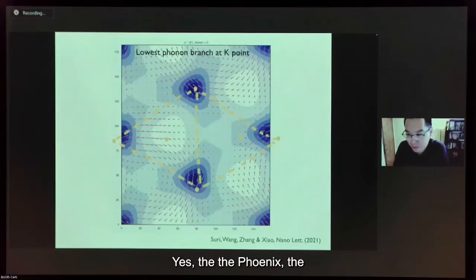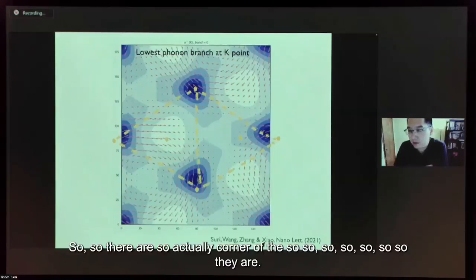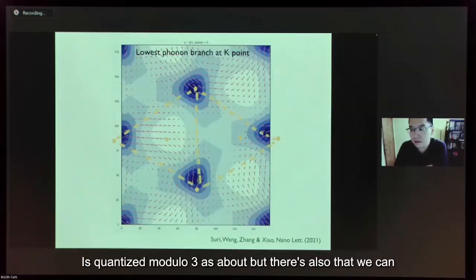One is the pseudo angular momentum. That one has to be quantized because it is purely due to symmetry. When you're at the corner of the Moiré Brillouin zone, you have threefold symmetry. There the angular momentum is quantized modulo 3ħ. But there's also a mechanical angular momentum, and for that, there's no quantization requirement.